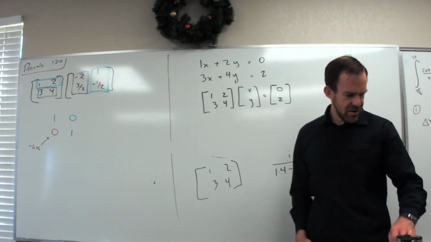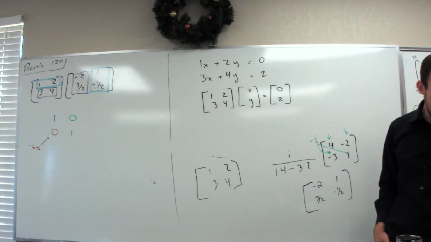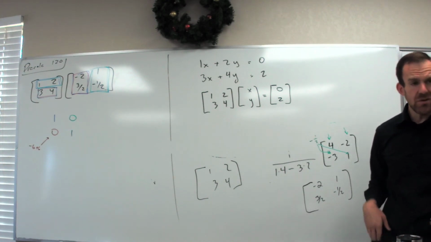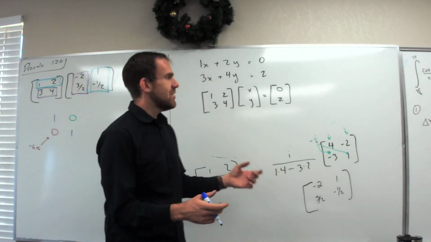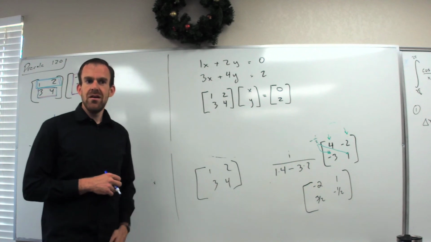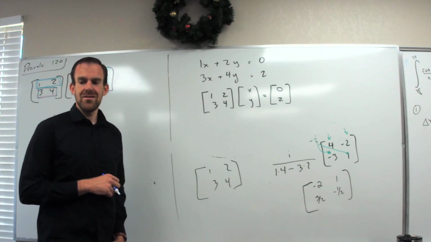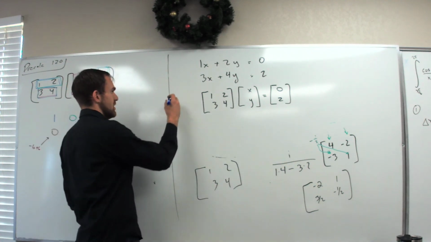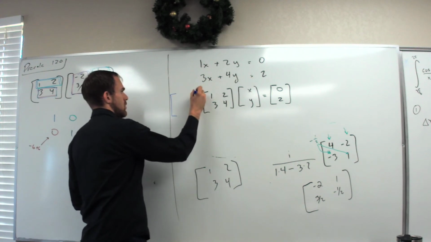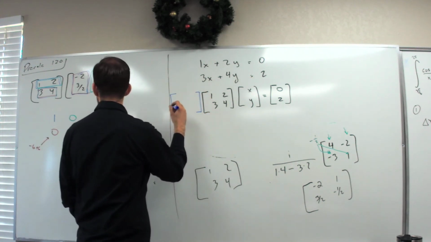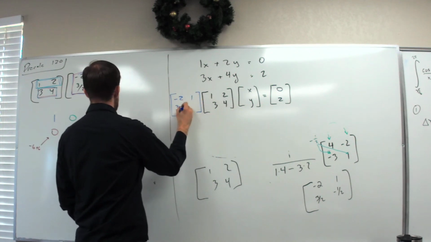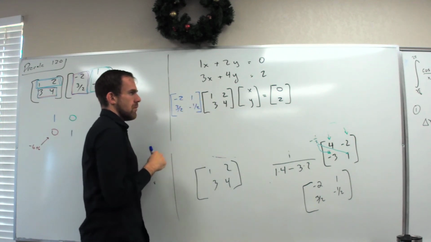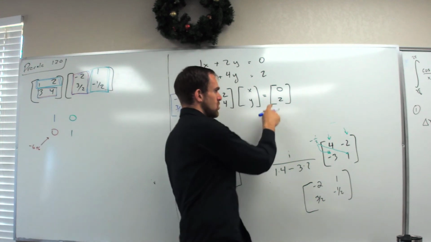Now here's where it gets a little funky. Oh, you can multiply on either side. That's cool. Okay, so here's what I'm going to do. I'm going to multiply by my inverse matrix on the left side of each part of this. You ready for funky? Here's funky. I'm going to multiply it in here.